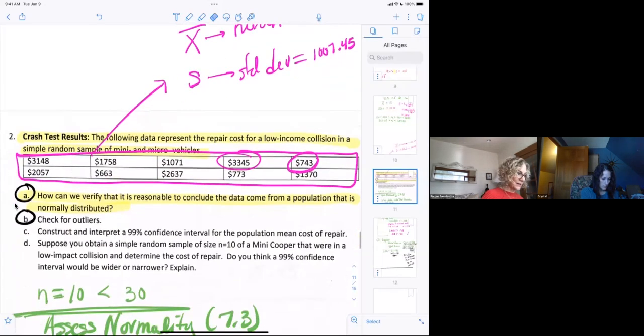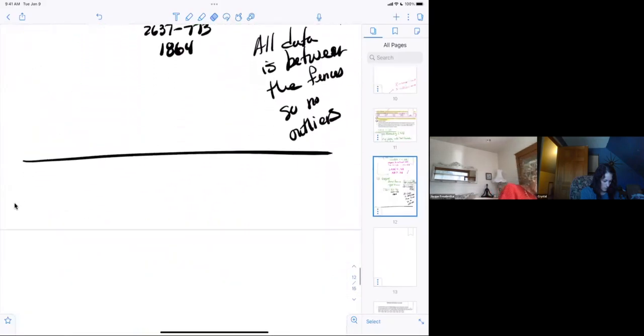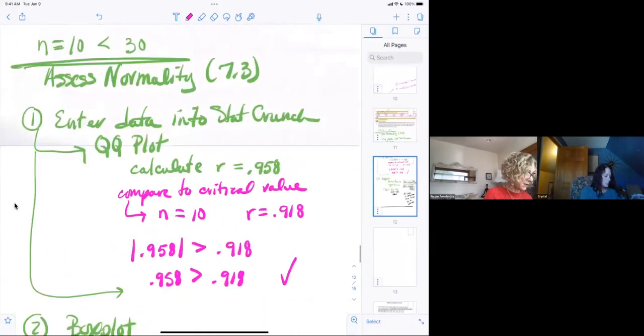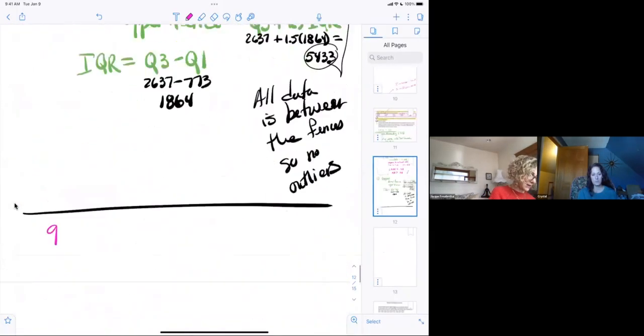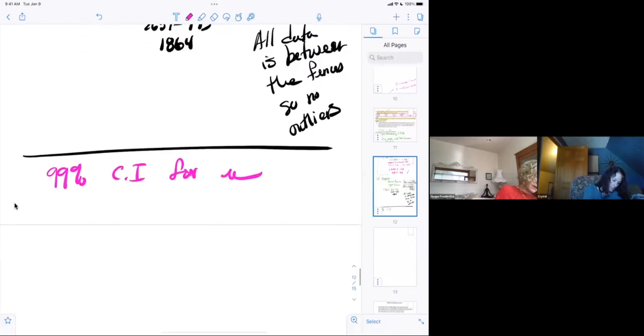Okay, so now we need those to look at my 99% confidence interval for mu. X bar plus or minus the error.